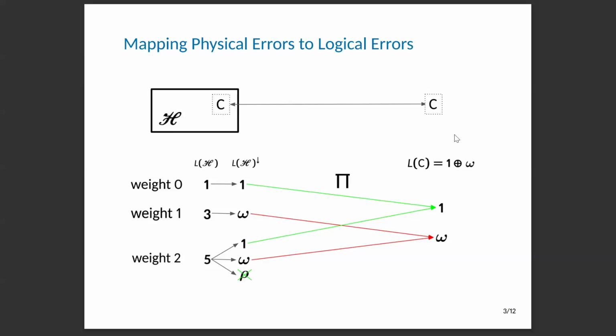And here's the picture. This is basically the whole presentation in a nutshell. It's a picture so nice that you'll see it twice. I'm going to bring up another slightly more detailed version later. So here's kind of the concept. We have the code subspace, which is tiny and sitting cutely inside the big physical Hilbert space.